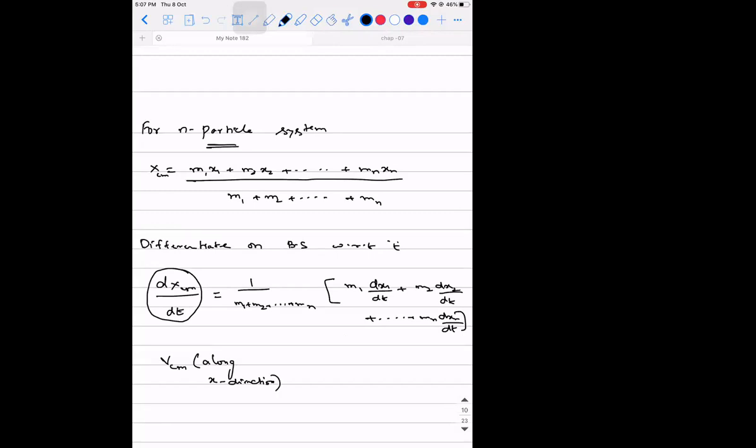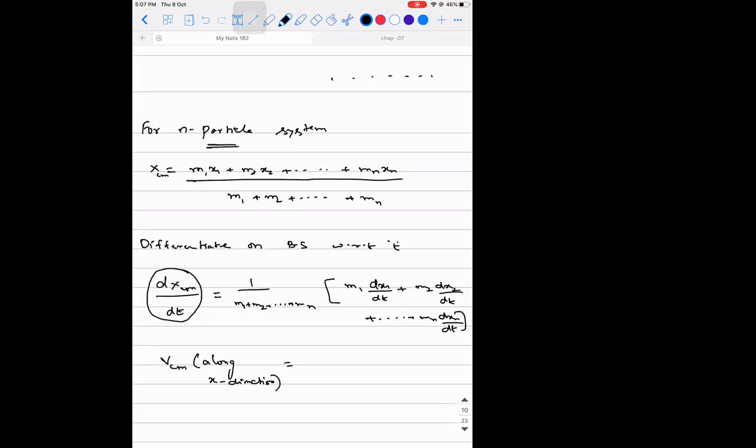Why we need this concept is because when you have an n particle system, it is not always the case that the n particles lie at rest. They can move also. If these n particles are moving, then how the velocity of the center of mass is associated with it is the question.